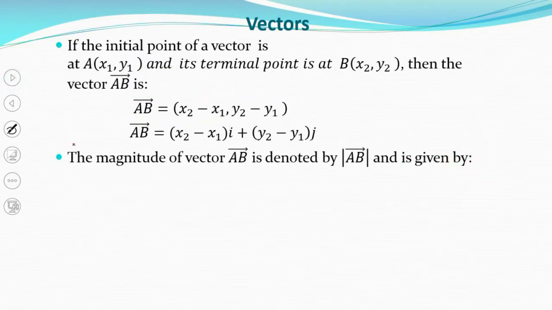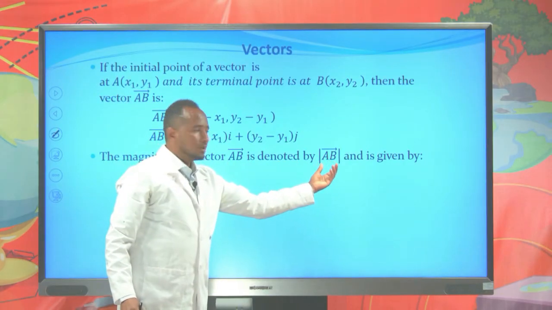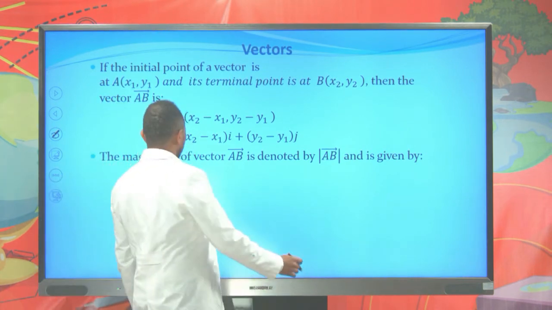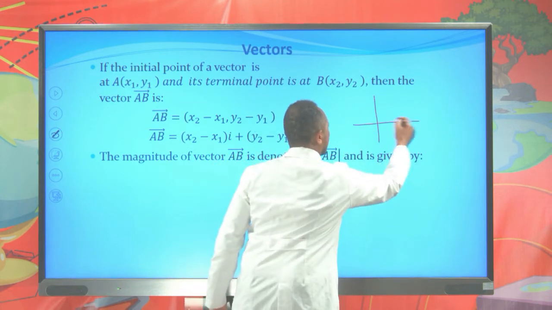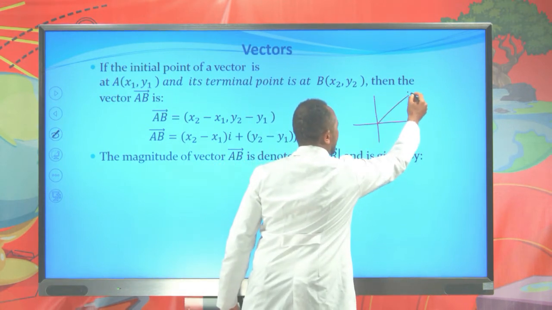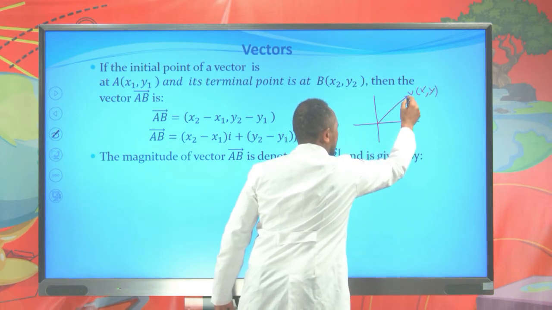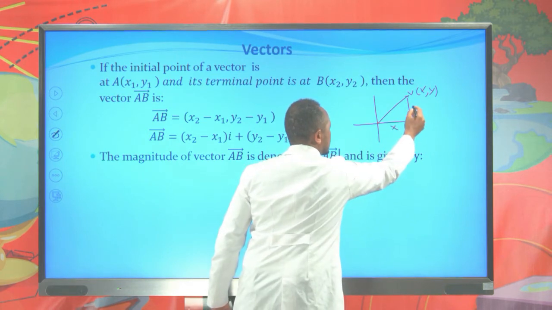Okay, so the magnitude of this vector AB is denoted by this symbol and is given by this one. Let's see it again. This is our vector x comma y. This distance is x, this distance is y.